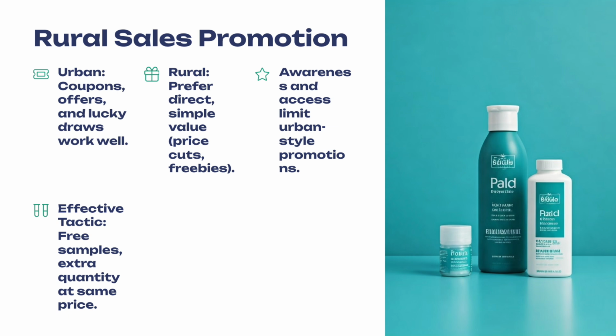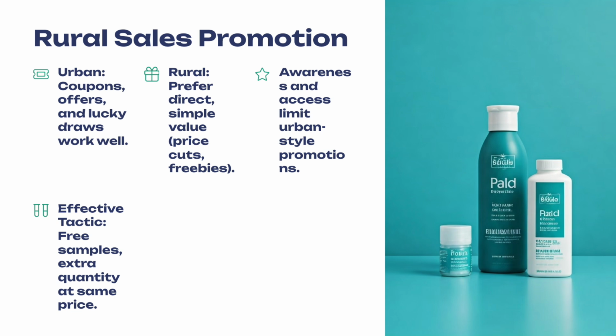While urban marketers use various sales promotion techniques effectively, the same methods often have limited success in rural markets due to the difficulty in reaching the rural consumer. Common urban tactics like buy one get one free offers, lucky draws and coupons, which are popular in cities, might not work as well in rural areas.